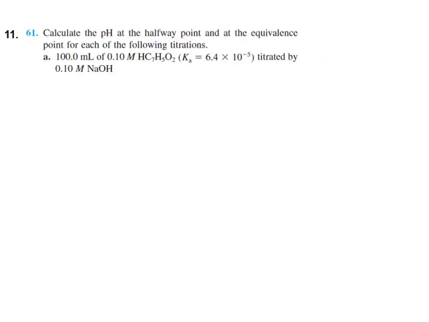Okay, so find the pH at the halfway point and at the equivalence point for each of the following titrations. At the halfway point, pH is going to be pKa. So let me just type this into my calculator. 6.4 times 10 to the minus fifth gives me a pKa of 4.19, and that's all you have to do.